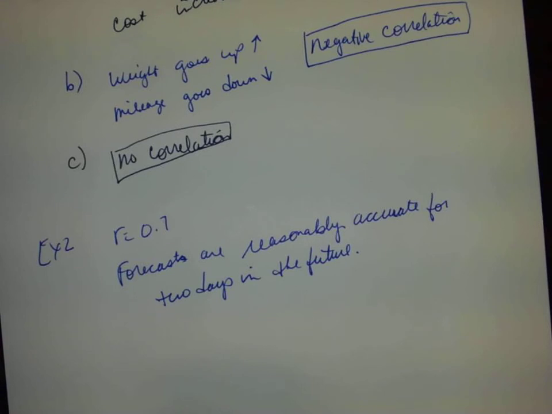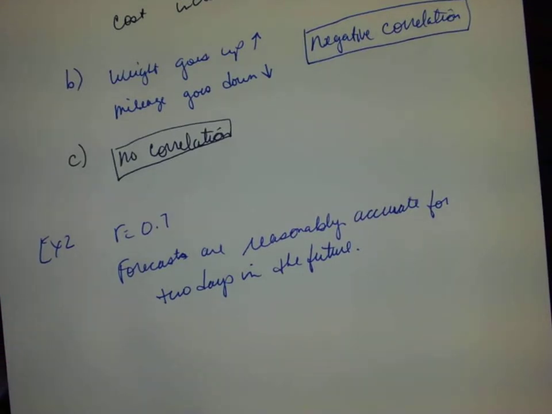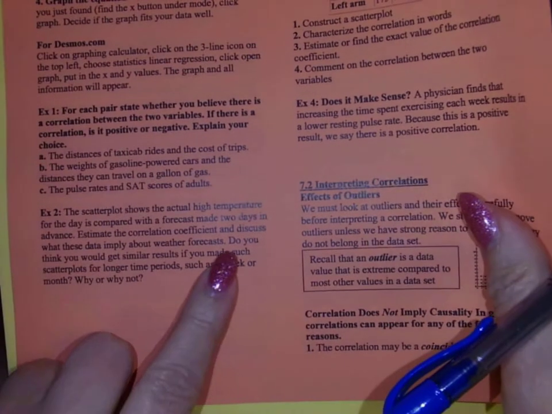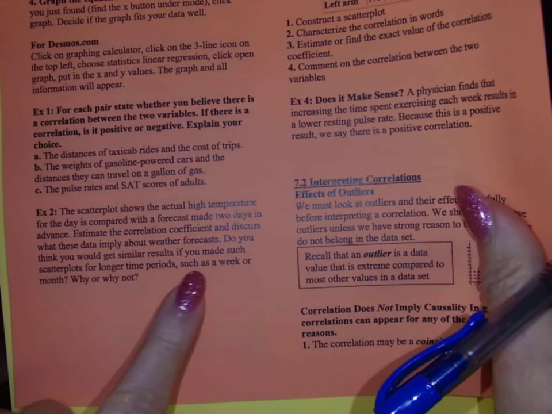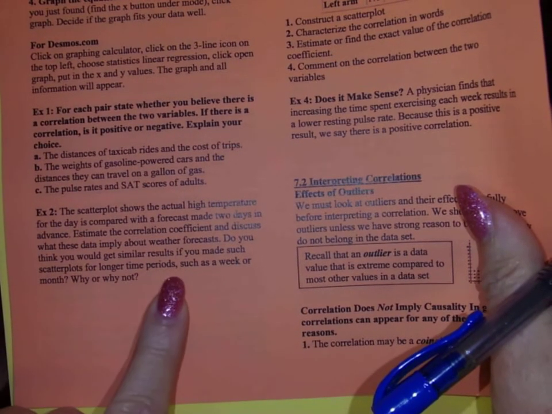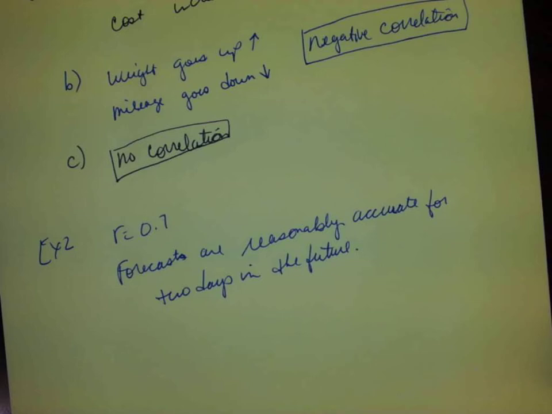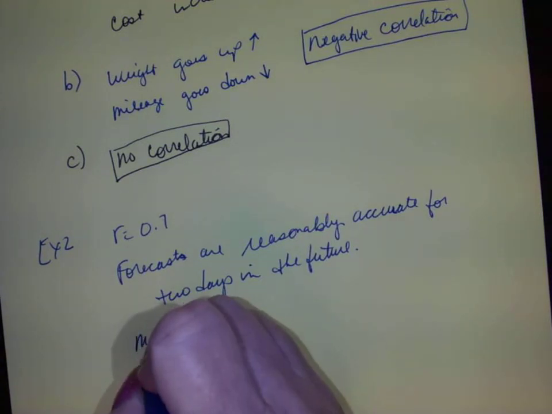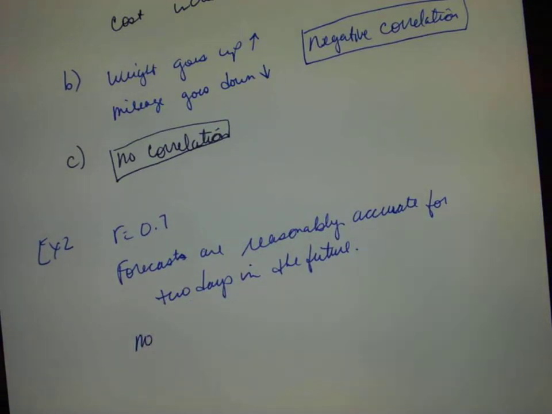Now, as we get further out, it's going to get weaker. The further into the future you go, the weaker the forecast will be. So when they ask the question, do you think you would get similar results if you made this for a longer time period, such as a week or a month? I would say no, because they're going to get weaker.